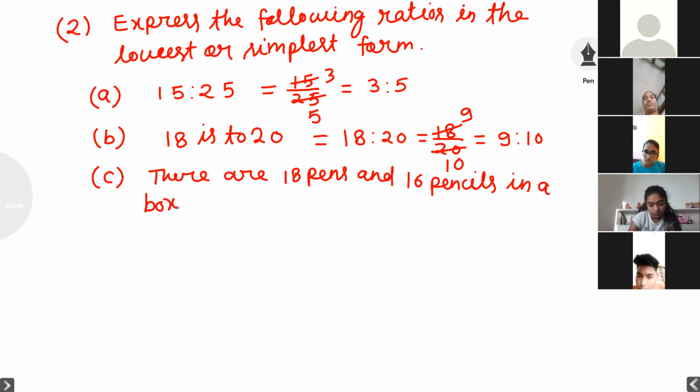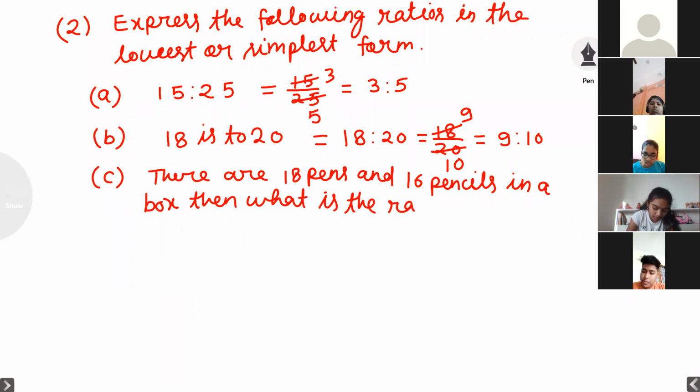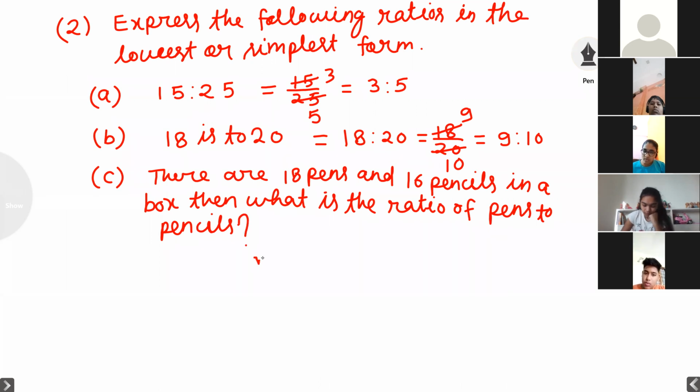Then what is the ratio of pens to pencils?